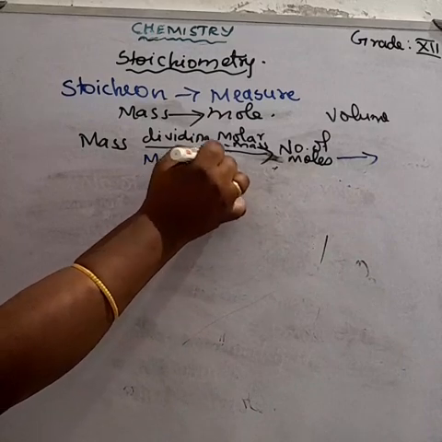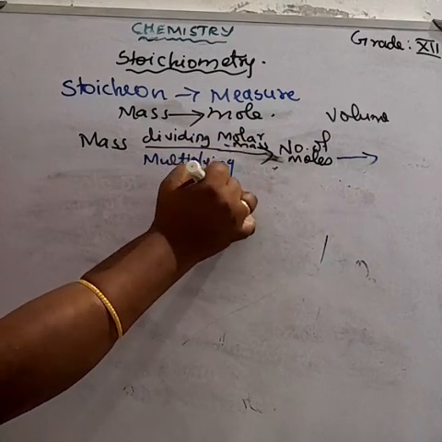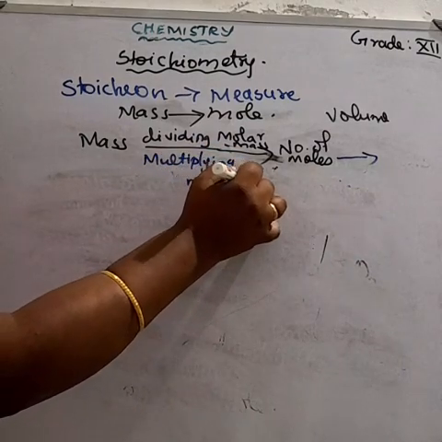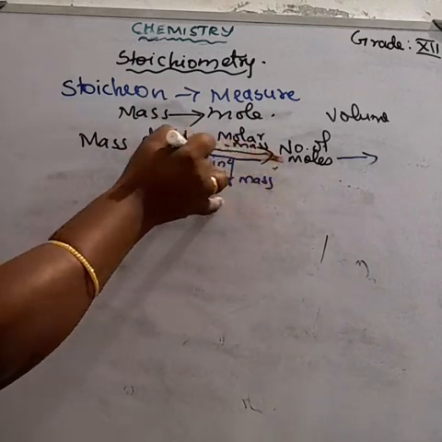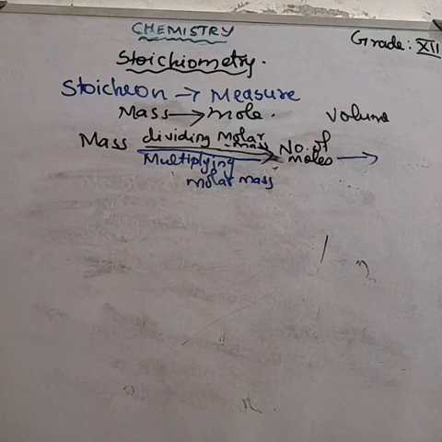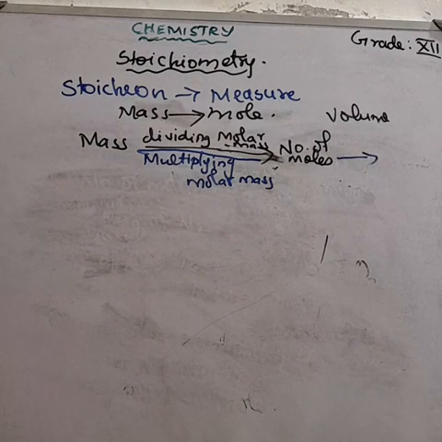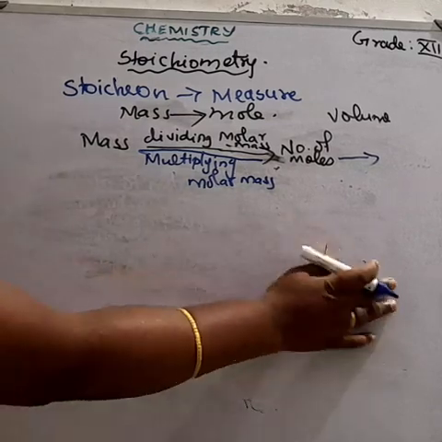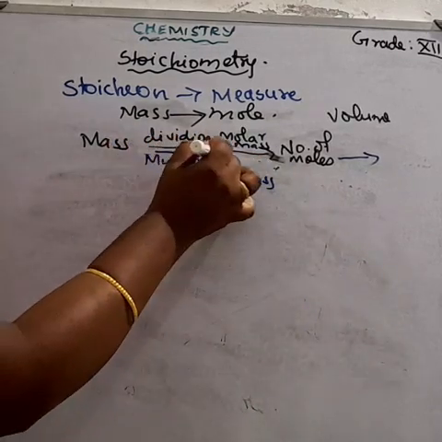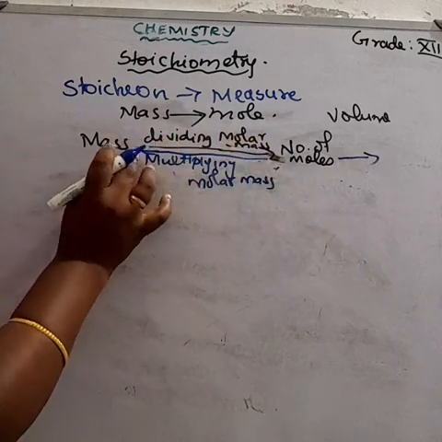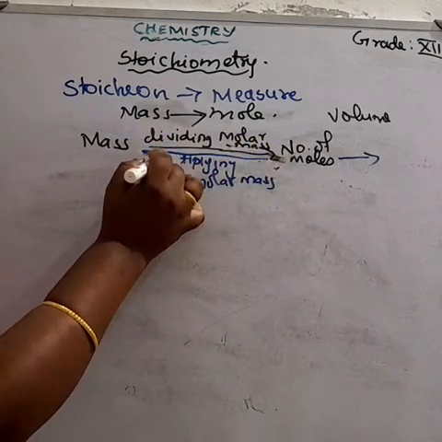The number of moles is given in the question, and you know the molar mass, the molecular mass. Molecular mass means the addition of the atomic masses of all the atoms present in a molecule. When we add the atomic mass of each atom present in the molecule, we get the molar mass.